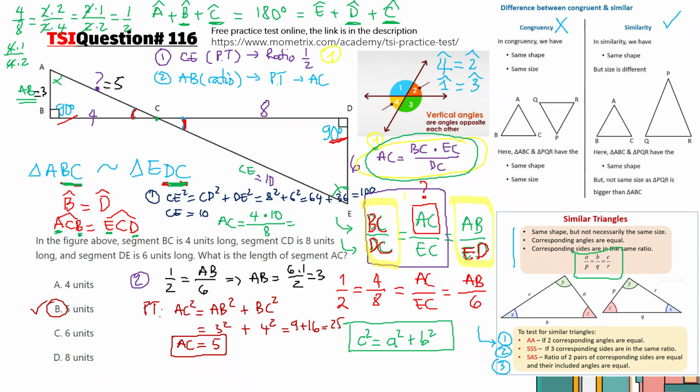So you will have 4 over 8. Remember, we already did it right here, it is 1/2, right? So 4 is 4 times 1, 8 is 4 times 2. So we cross that, 10 divided by 2 is 5. So we have the same number. So B is the correct answer.